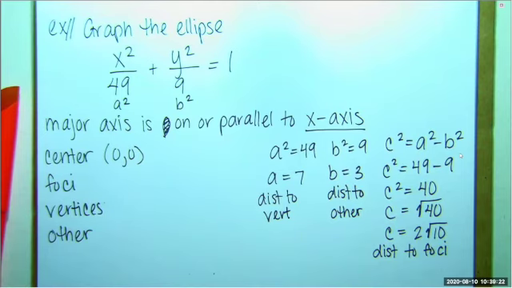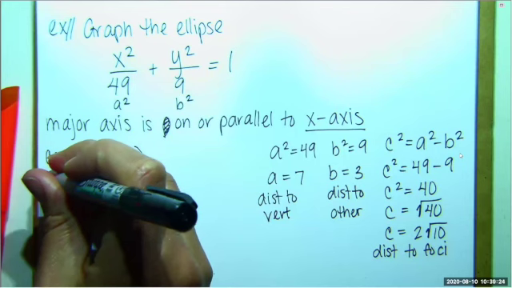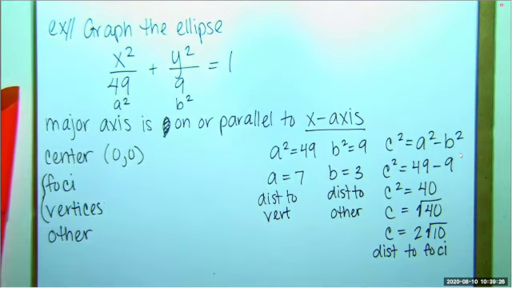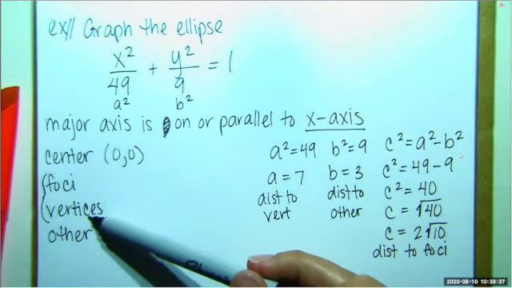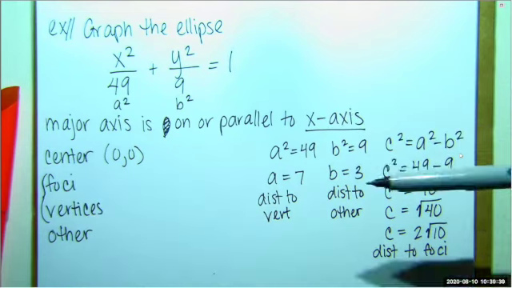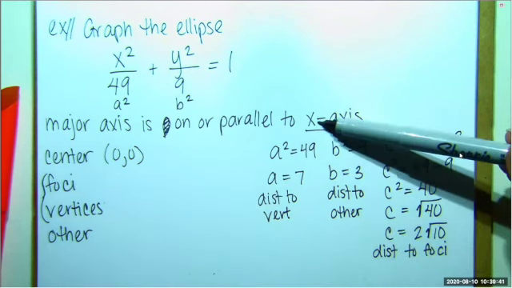Next up, these foci and the vertices are on our major axis. The major axis we figured out was parallel to the x-axis. So to get to our foci and vertices, we're going to add and subtract on our x coordinate.